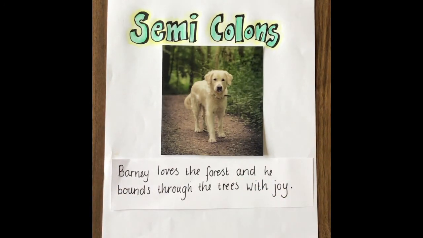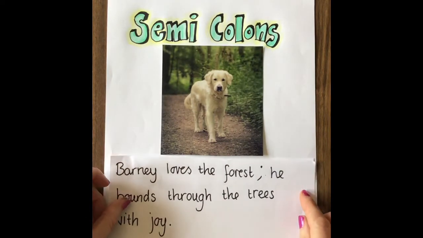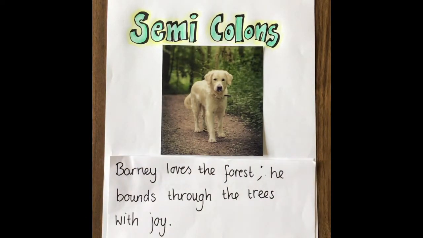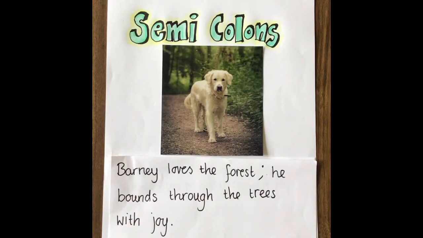In longer sentences, this can sound a little bit clunky and we can make it flow better with a semicolon. So we can take out that conjunction because the two main clauses are so closely linked. And we can change it to this. Barney loves the forest; he bounds through the trees with joy. Both main clauses are about Barney's love of the forest, so we can link them together with a semicolon and take that conjunction out.